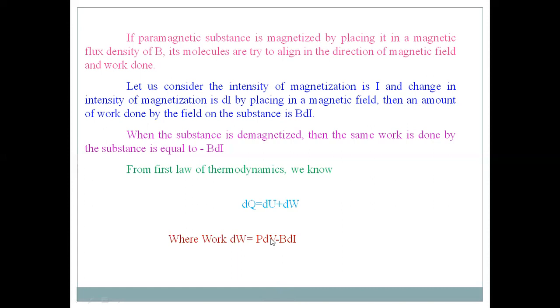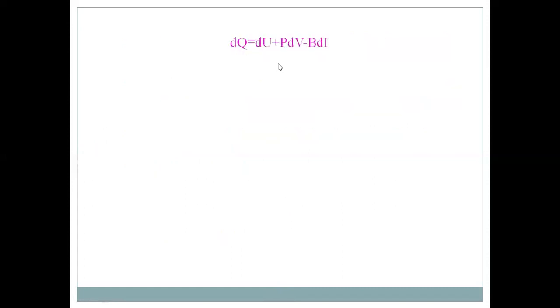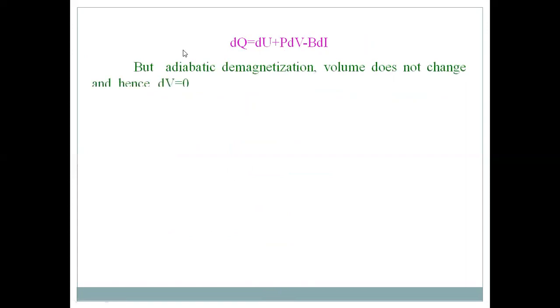When we substitute this dW value into the above equation, dQ is equal to dU plus P dV minus B dI. I already told you that in adiabatic demagnetization the volume does not change, so dV is equal to 0. So dQ is equal to dU minus B dI.